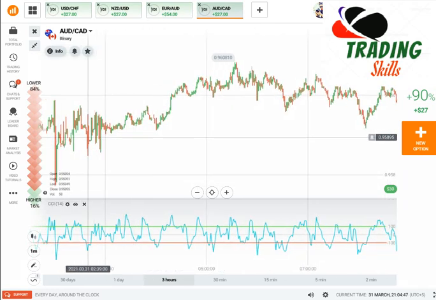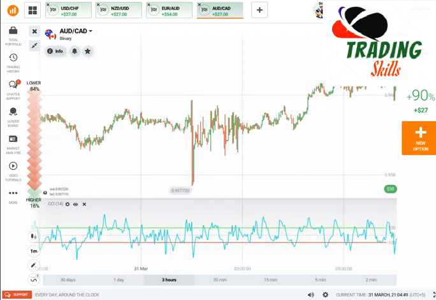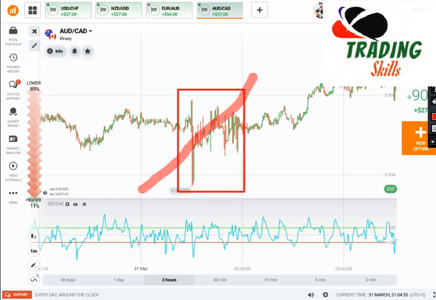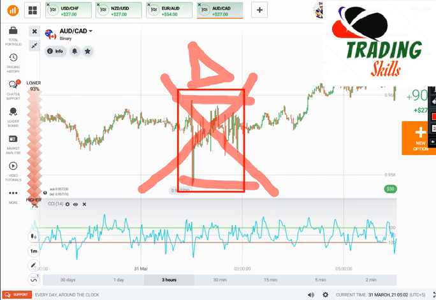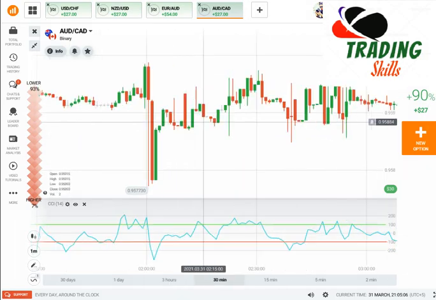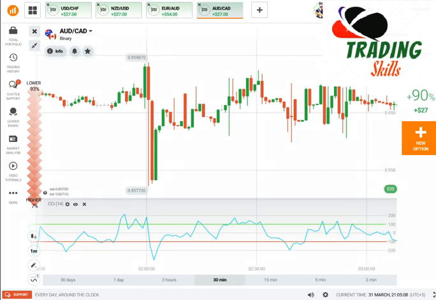Now you can see I'm talking about this kind of market. If you see this kind of market, then don't try to take your trade. This is a dangerous market. Because of the wicks, you cannot analyze the market properly. Now you can see here, this is kind of unpredictable market.